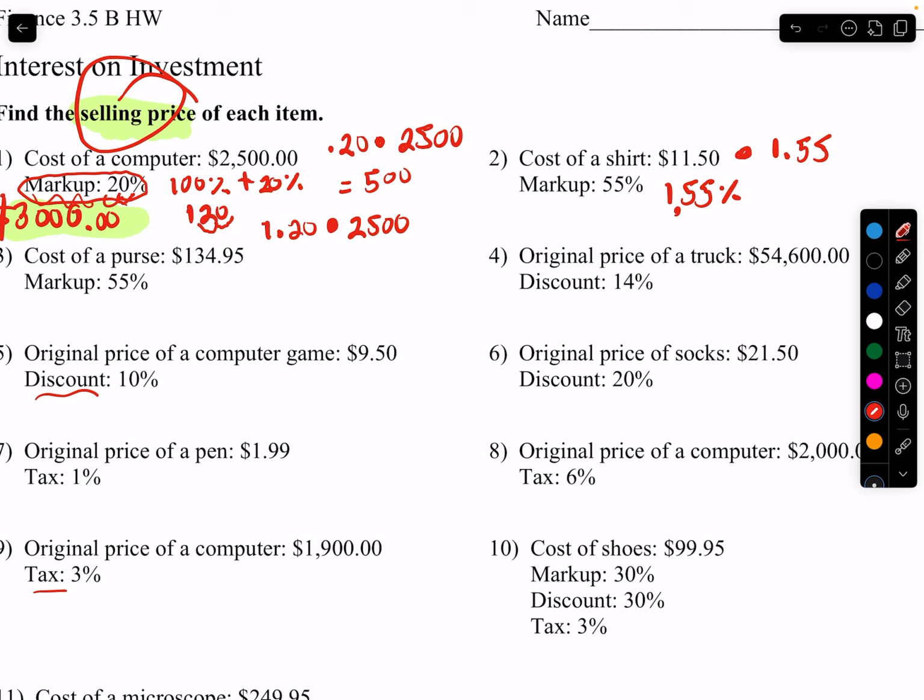Times the price of 11.50 is how much? Times 1.55 gives us 17.83.